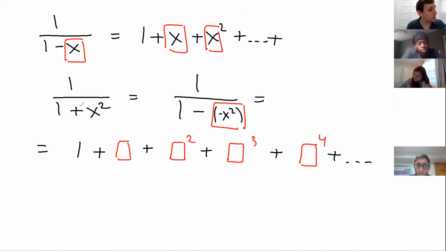And what do I put into that box? I put minus x squared, minus x squared, minus x squared, right? Minus x squared.